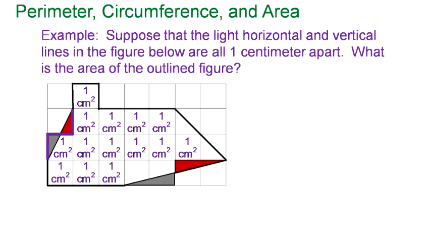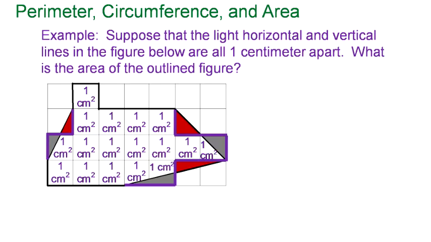I can repeat this process with the other red and gray triangles you see here. If I move the area in the red triangle to the area in the gray triangle, and then change my boundaries to match the purple segments instead of the original black segments, the area of my original figure has not changed, but now I can say that I have an additional 2 square centimeters of area.